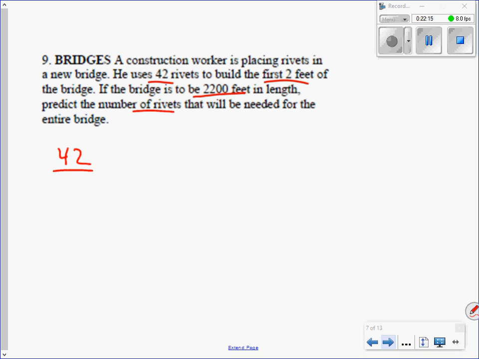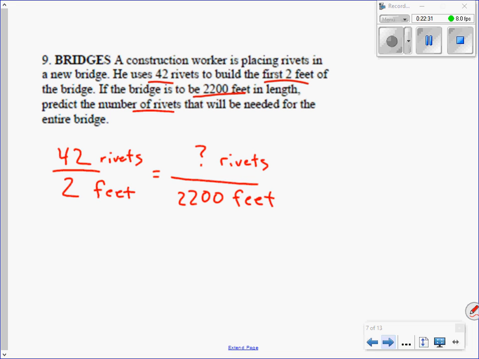42 for every 2 feet. How many in 2,200 feet? Those will be proportional. Call it X if you need a variable. 2X equal to 42 times 2,200.